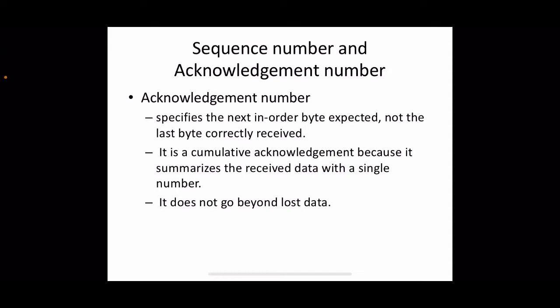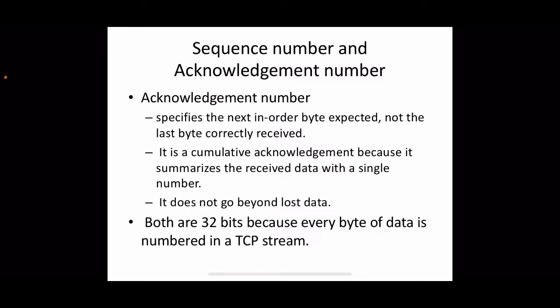In that case, even if X plus 2, X plus 3, etc. are received correctly, the acknowledgement number is still X plus 1. I am next expecting X plus 1. Such an acknowledgement number will be sent again and again until X plus 1 is received correctly. That is why it is said that it does not go beyond lost data.